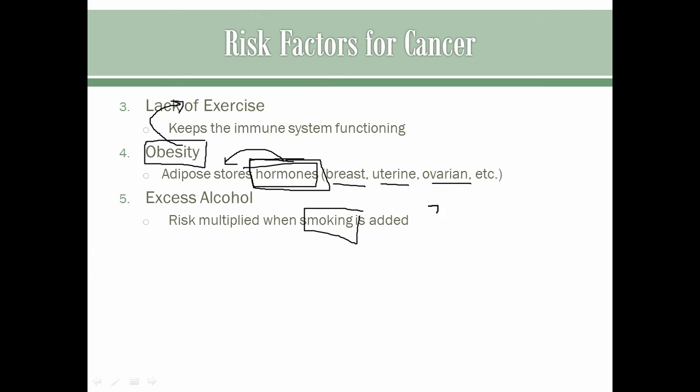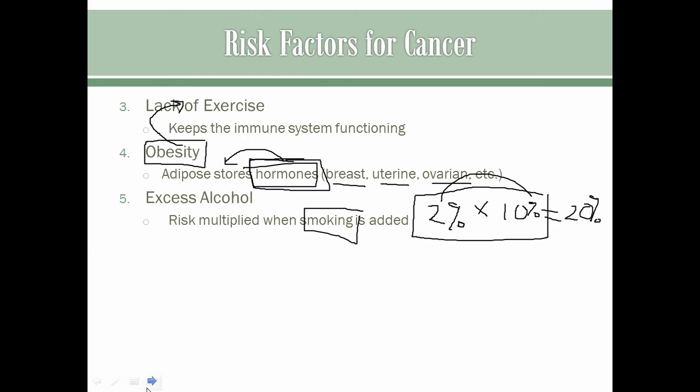So let's say that because of your alcohol consumption, you have a 2% increased risk for cancer, and because of your smoking, you have a 10% increased risk. If you're doing both together, you multiply those two risk factors, so there's actually a 20% increased risk of cancer when you add alcohol and smoking together. So when working together, they can be extra bad.